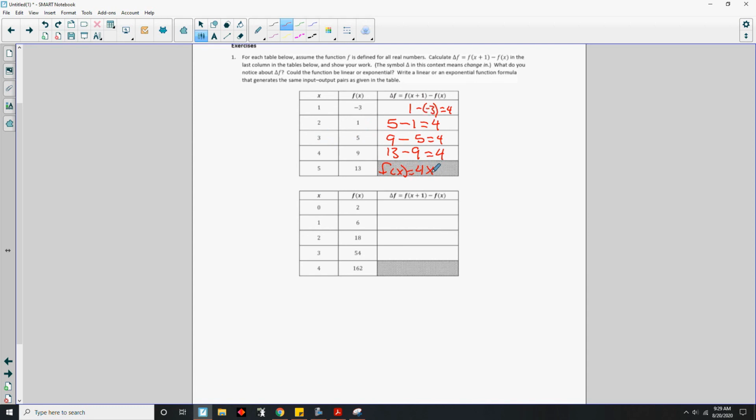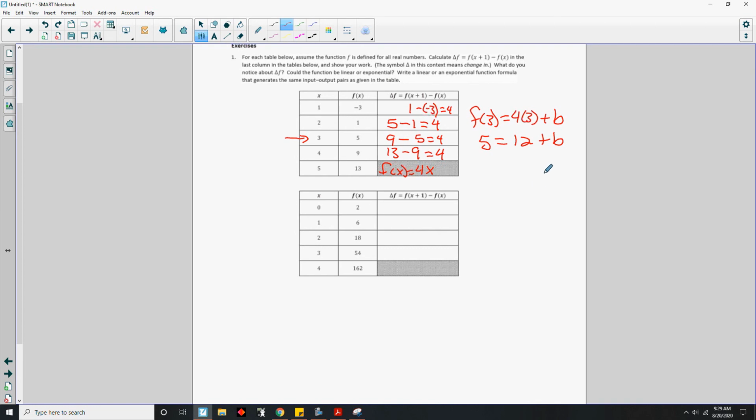So if I put a 3 in here, okay, I'm looking at this right here. If I substitute in 3, so if I said, well, what's f of 3? Well, f of 3 is 4 times 3 plus some number b. So f of 3, which is 5, let me just substitute that in now. f of 3 is 5. 5 equals 12 plus b.